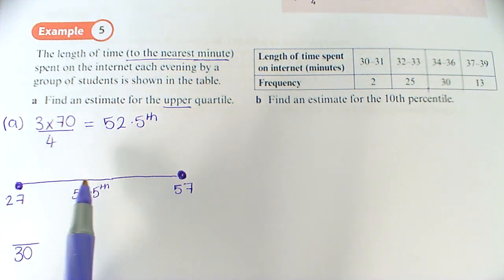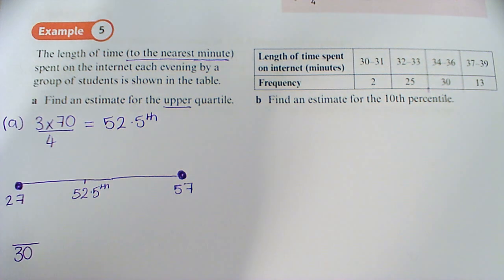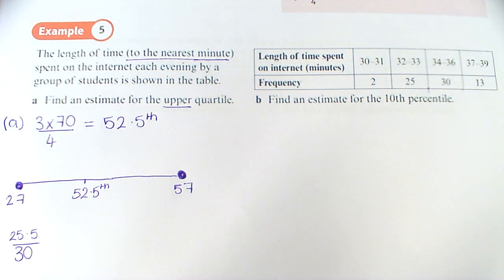It's not halfway in. It's actually only 25.5 of the way in. The way I've worked that out is by doing 52.5 take away 27. So I know that the fraction of the way in that the 52.5 bit of data is this fraction here.